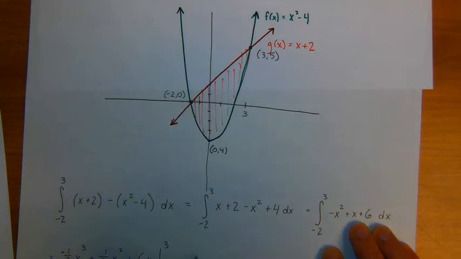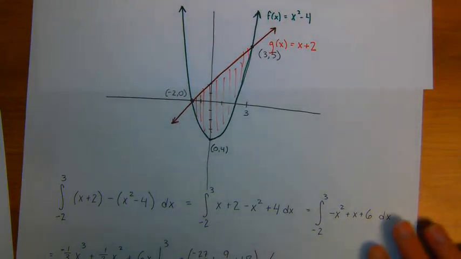And this becomes negative 27/3. I'm plugging in 3 for x, plus 3 squared is 9, times 1/2 is 9/2, and 3 times 6 is 18. And then I'm going to subtract out what happens when I plug in -2.